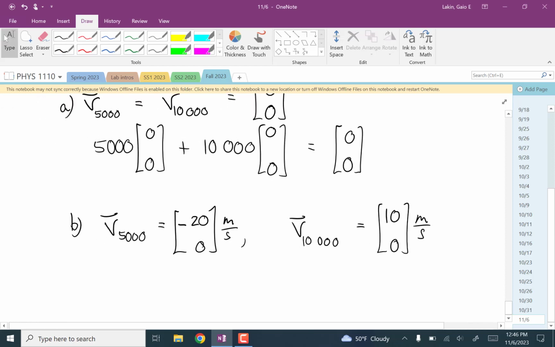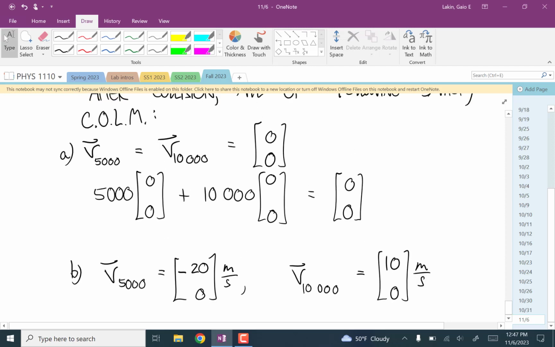I thought the 20 was going in the opposite direction. Before it was, but I'm just making up some numbers that satisfy this equation. All I'm trying to show here is that without more information, this can't tell you how fast they're going after the collision. So these are possible velocities after the collision.